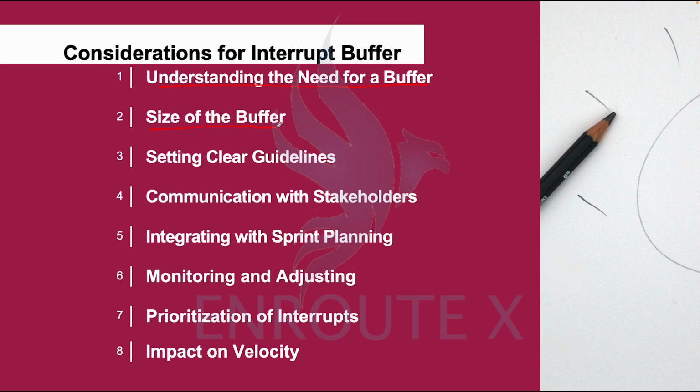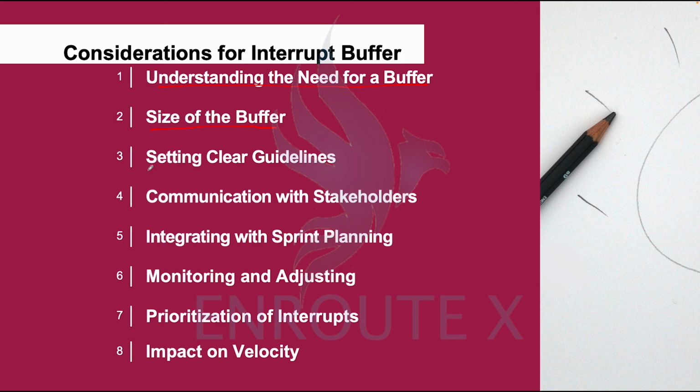There is no rule of thumb per se for what your interrupt buffer could be. It is just a team thing for you to know how much interruptions you have sprint in, sprint out. More particularly, when your team is responsible for some work that has to do with support or services or fixing bugs, the rates of those interruptions will determine the size of the buffer.